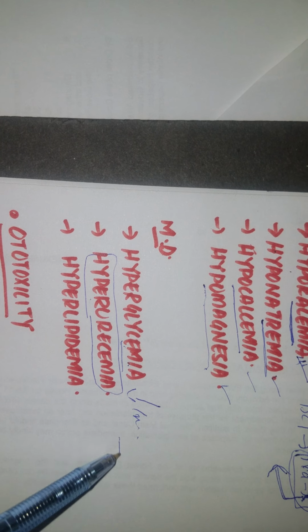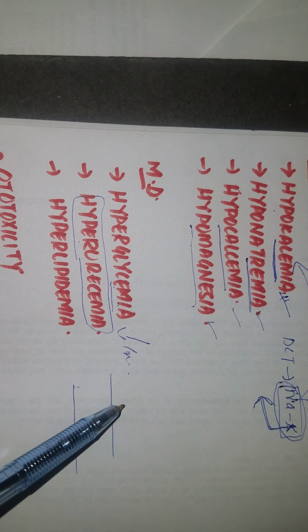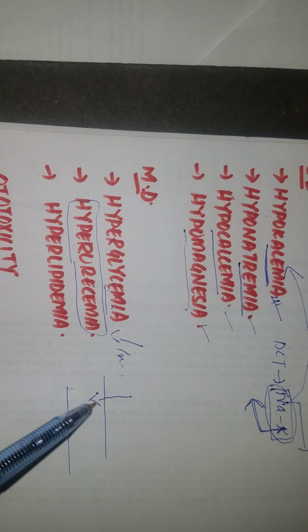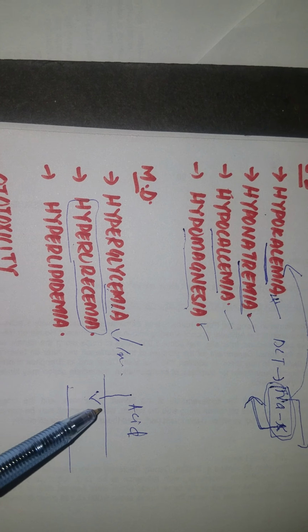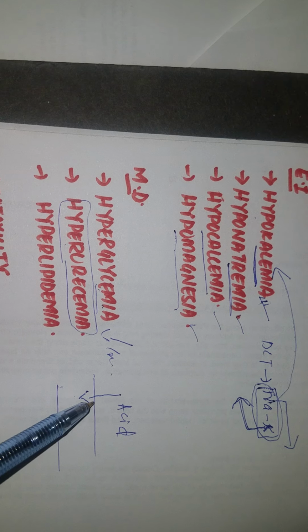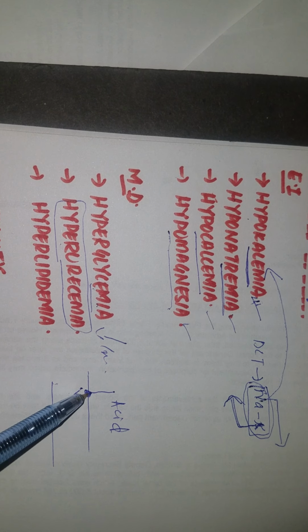Let's suppose this is the proximal convoluted tubule, and there is secretion of weak acids into the proximal convoluted tubule, and weak acids basically compete for these transporters.